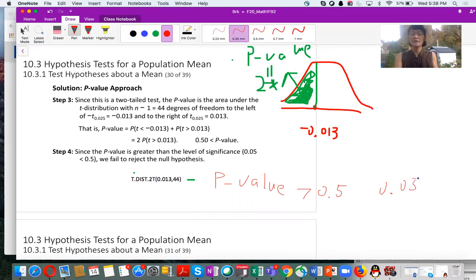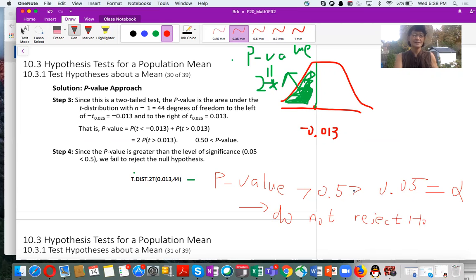Of course, p-value is greater than alpha. When p-value is greater than alpha, do not reject H0. The same conclusion as we get using the classical approach.